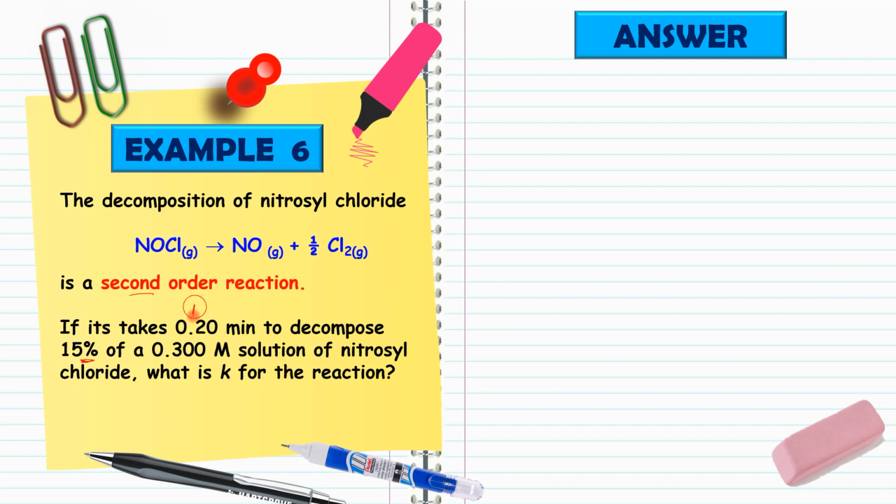So this is referred to as T, and this is the initial concentration. Then we have to find out the concentration of nitrosyl chloride at T equals 0.2 minutes, since some of it has decomposed.